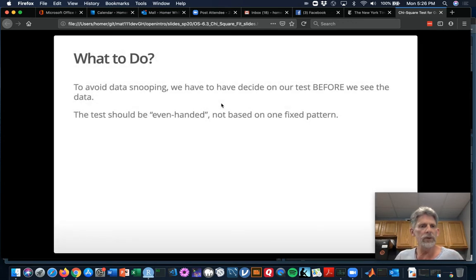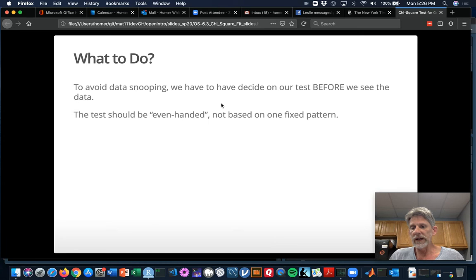So what do you do about it? Well, to avoid data snooping, you have to decide on your test before you see the data. So that means you can't really test with binom test GC at all.